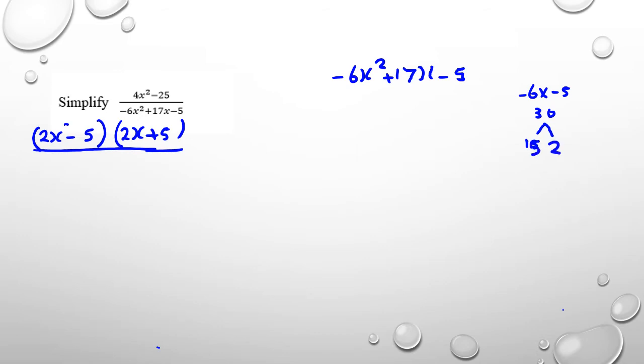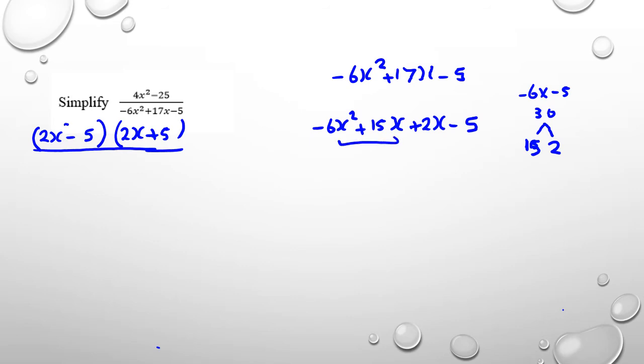Then I'm going to rewrite this middle term using the 15 and 2. Always start with the bigger number. So positive 15x, positive 2x minus 5. Now do factorize.